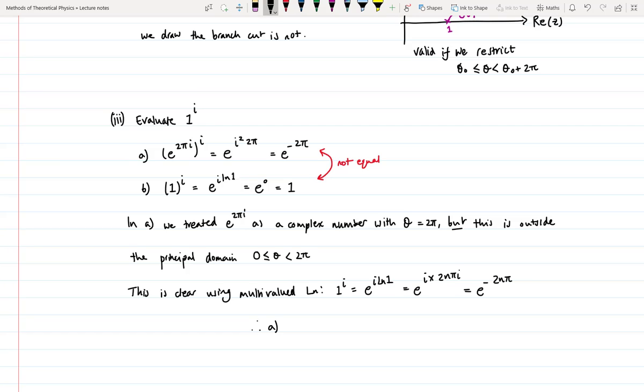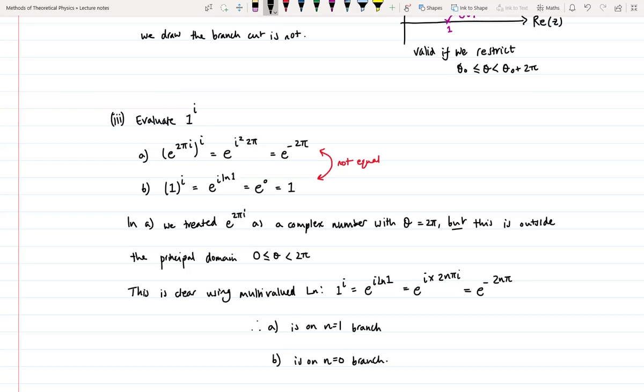Therefore, we note that in A, we have implicitly constrained ourselves to the n equals 1 branch, whereas in B, we've stayed on the n equals 0 branch.